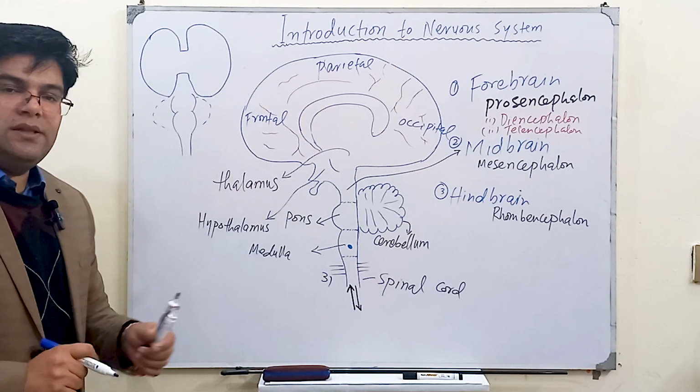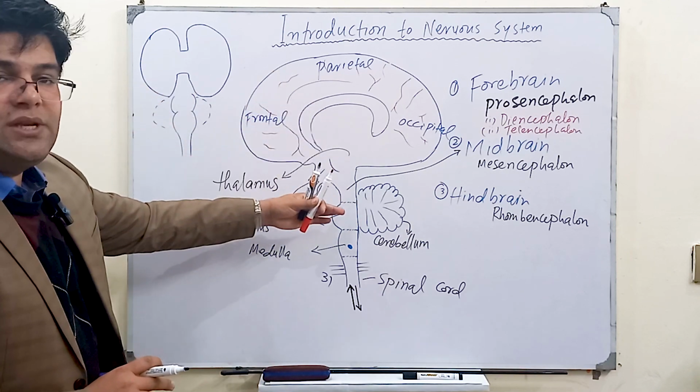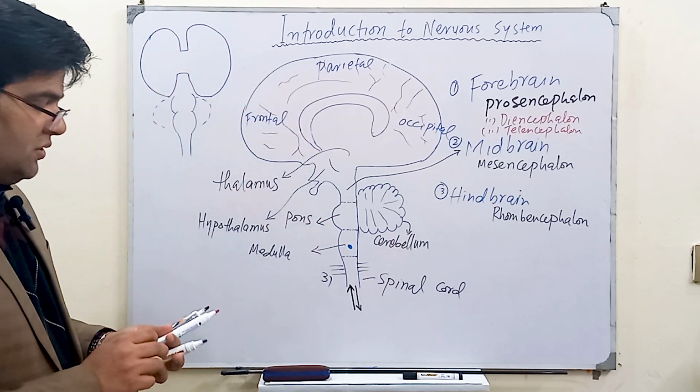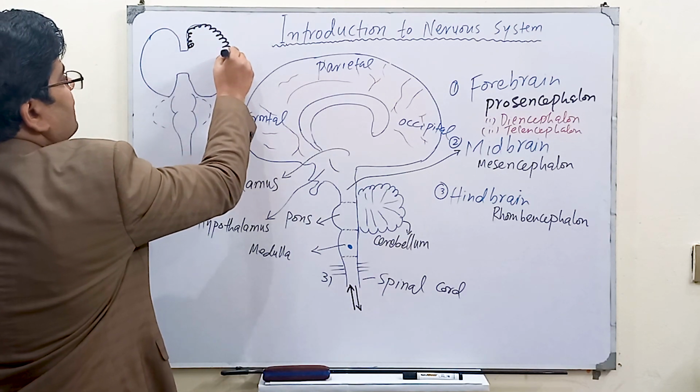So you can see here that in a coronal view, our brain will look like this. This is the mid-sagittal section, this is the coronal section. On the surface, this is the cerebral cortex.